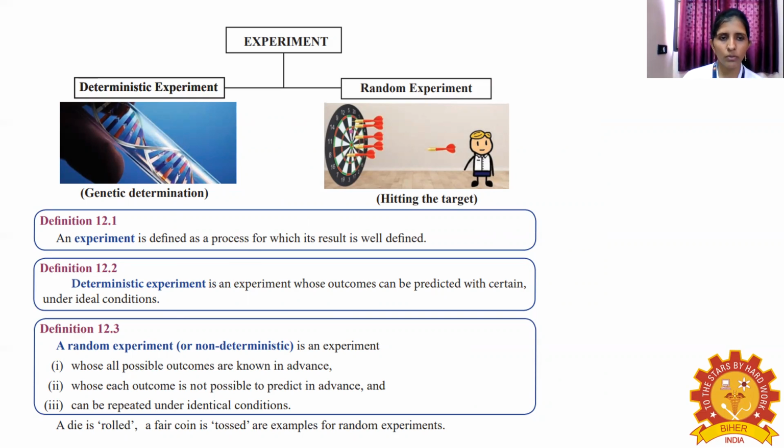So those whose each outcome is not possible to predict in advance and can be repeated under identical conditions are called random experiments. Say for example, a die is rolled, a fair coin is tossed. These are simple examples for a random experiment.